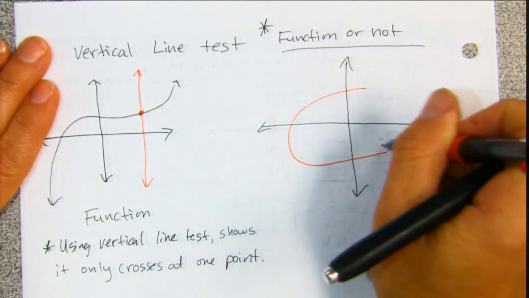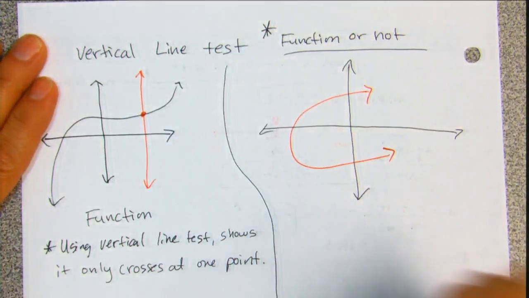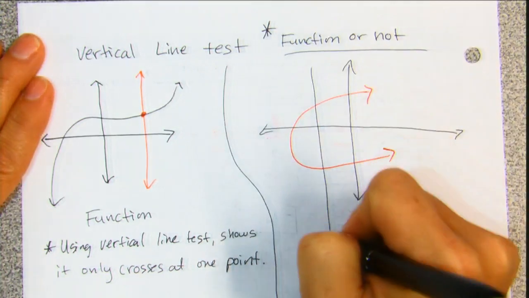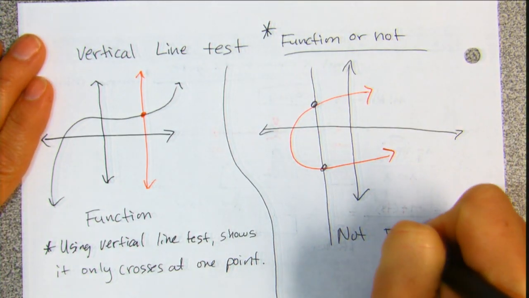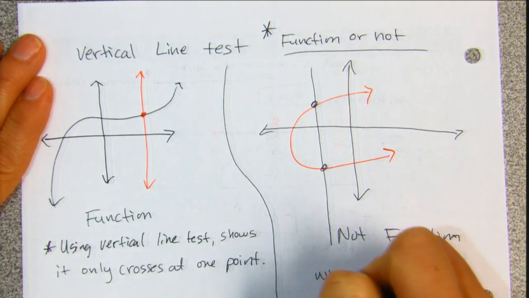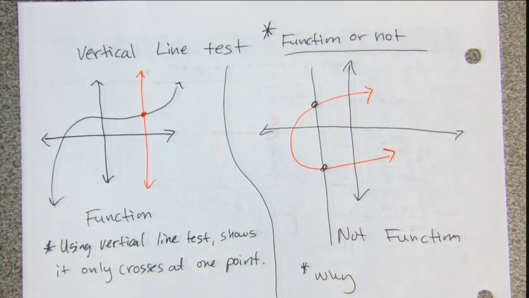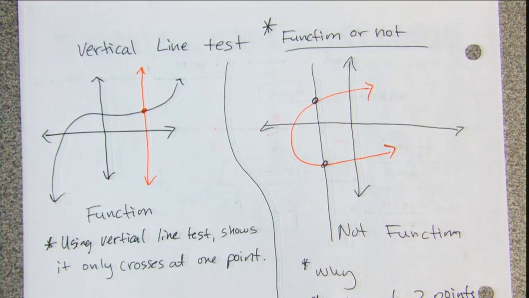If you have a graph like this, would this be a function? No. And again, you would just say not a function, and you need to tell me why. Because it crosses at 2 points, right? When it crosses at 2 points, that means you have two y's with one x.